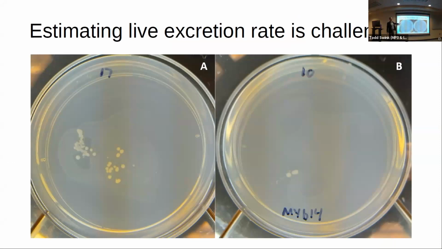So you can do some binomial statistics on this with the number of empty plates to get an estimate of excretion rate, but you can't actually get a point estimate of excretion rate doing this that's worth much of anything. But they do excrete bacteria into the environment. If you do a better experiment than this, you can measure the rate of excretion, and you can get the rate and the variance.